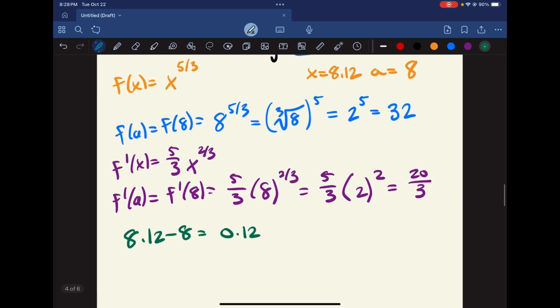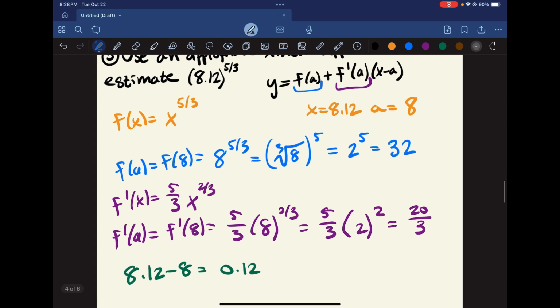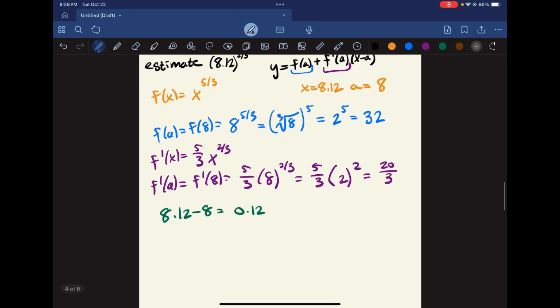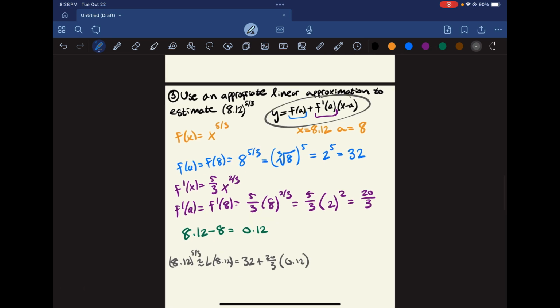So then we just plug it all in. 8.12 to the 5/3 power is approximately equal to our linear approximation of 8.12, which equals 32 plus 20/3 times 0.12, right? Just plugging everything into this formula. And yeah, that's what we end up with.